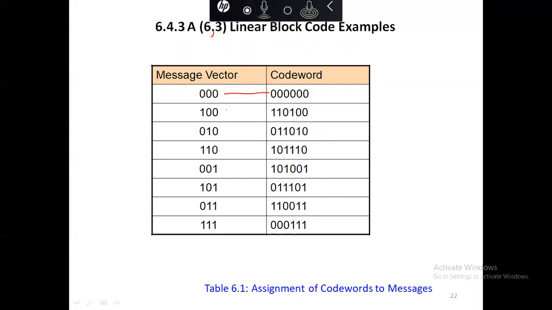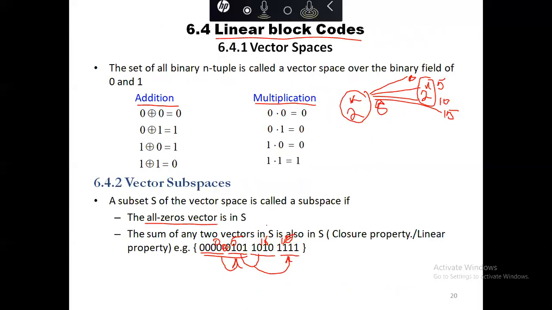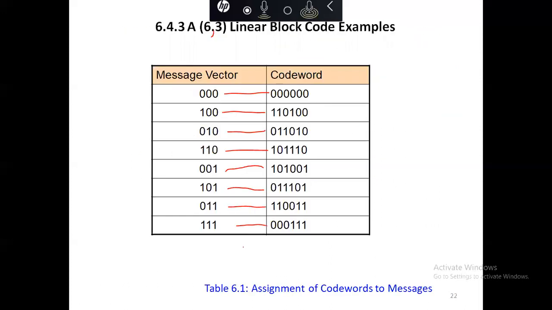So this mapping does not set the criteria that we have maintained the proper distance between the code words. These are just mappings satisfying the 2 criteria which I have mentioned here, all zeros, and the closure property over addition. So it sets the criteria. You can just exclusive-OR any 2 code words and find another code word in the code word set. Why is it so?